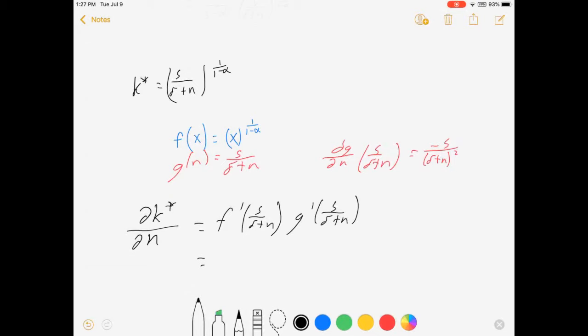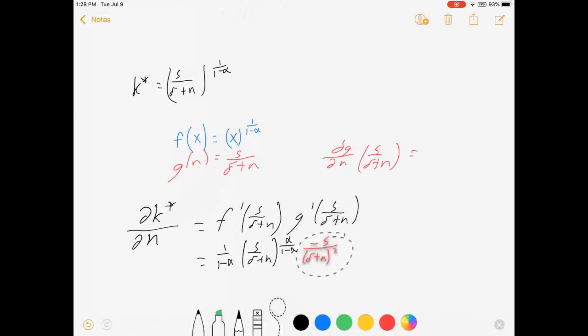And this comes out to be 1 over 1 minus alpha times s over delta plus n to the alpha over 1 minus alpha times the dg dn, this piece here.